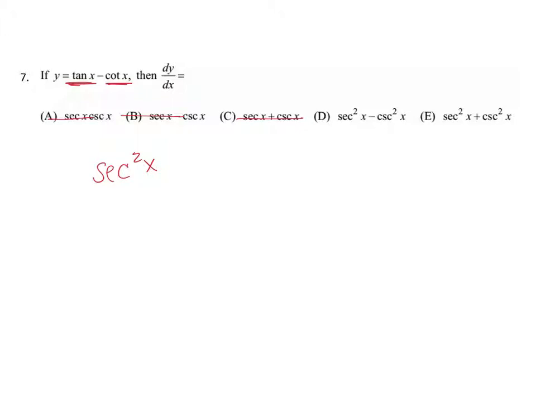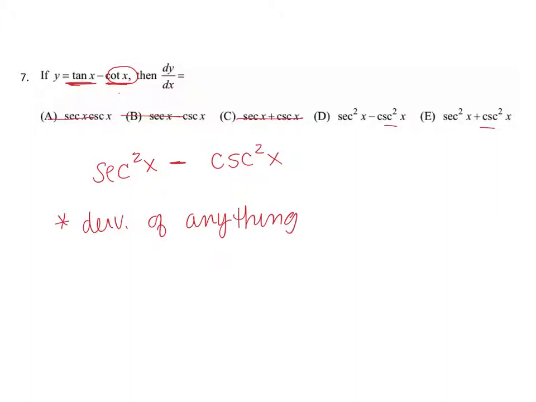Now, if we did not, because I think a lot of people forgot what the derivative of cotangent x is, looking at my answer choices, it's got to be cosecant squared x. But again, we have a rule that tells us that the derivative of anything that starts with a C is negative.